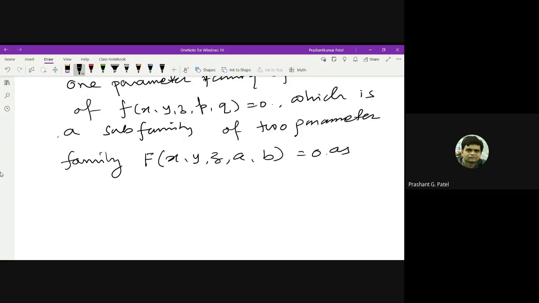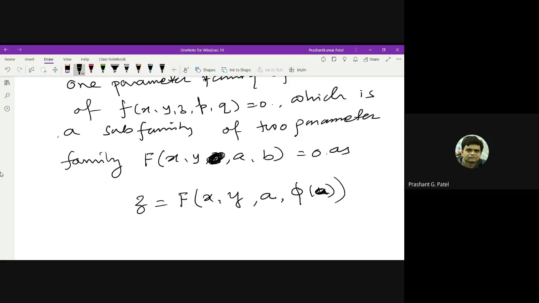As z is equal to f of x, y, z should not be here, x, y, a and phi of a, because we have taken b as a function of a.